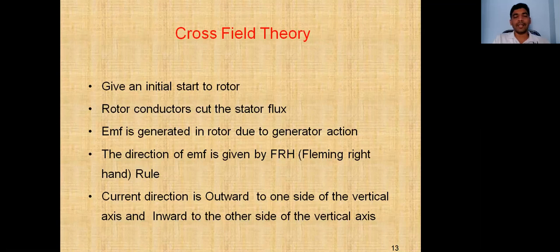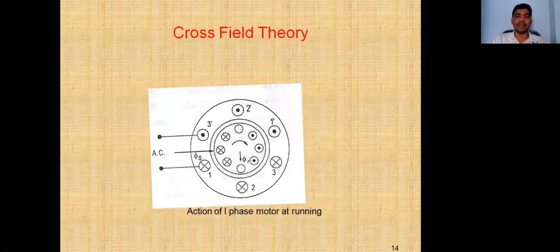The current direction is outward on one side of the vertical axis and inward on the other. If we give some initial start, then these three are no longer under these three.